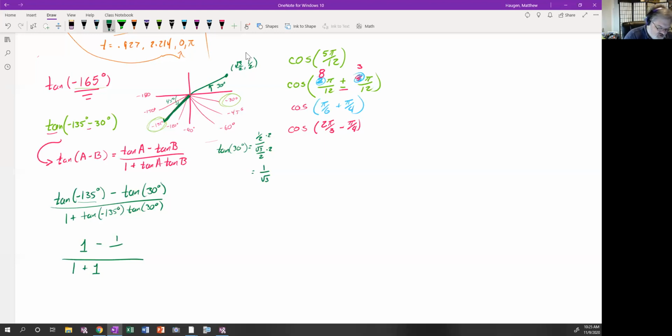So 1 over the square root of 3. Now we have to clean that up a bit more. Tangent often involves a fair amount of cleanup. It's an unfortunate thing about tangent. So we'll clean that up a little bit more, but anybody unhappy about that step?